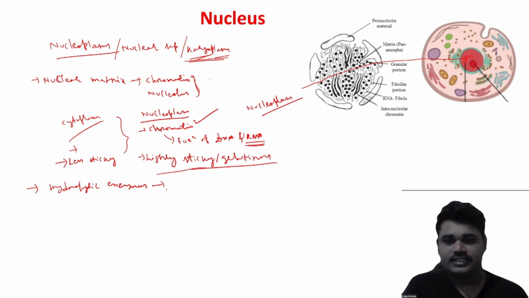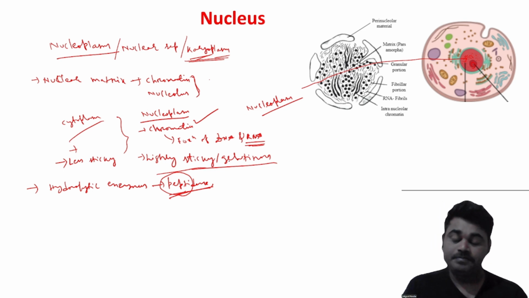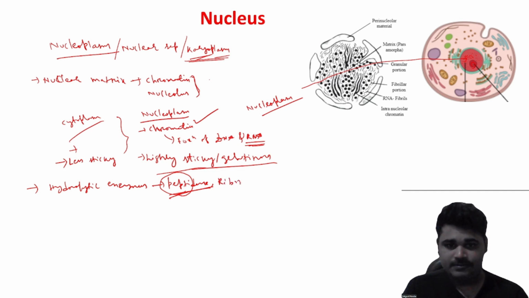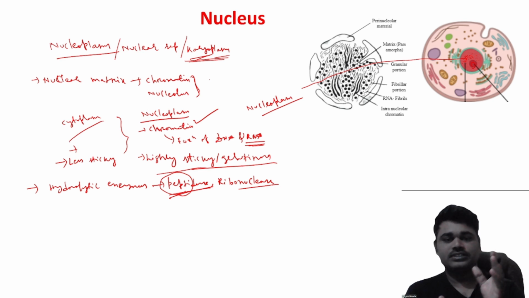For example, peptidase cleaves the protein or the peptide bond, which is why it is called the peptidase enzyme. Its function is to cleave the protein present inside the nucleus. Another is ribonuclease. Nuclease means to cleave the nucleic acid bond, that is the phosphodiester bond, that means to cleave the DNA and the RNA.